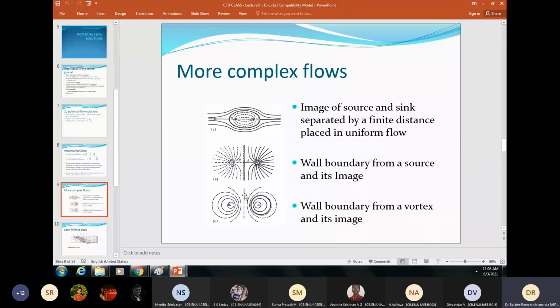So there are two methods of creating a solid wall, but the method is slightly different. If you create it by a source, the direction of velocity will be upward in the top half and downward in the bottom half. If we replace them by a sink, then it will be downward in the top half and upward in the bottom half. If you have the vortex, it will have either downward all the way or upwards all the way.